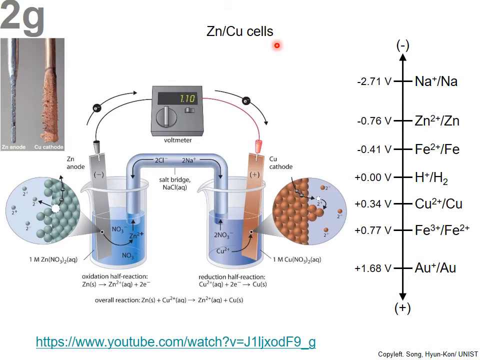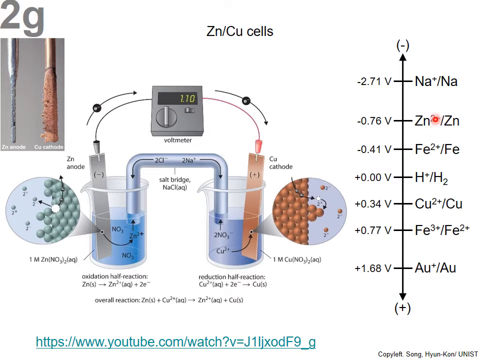Let me get back to the previous example of the Fe-copper cell. At that time, we used this one and this one. So the potential gap or electromotive force was plus 0.34 volt minus minus 0.4 volt, equivalent to 0.75 volt. But I have replaced Fe2+/Fe with zinc 2+/zinc.